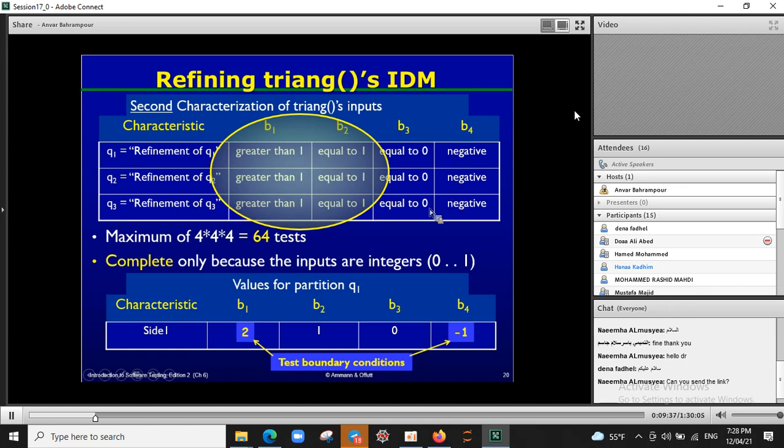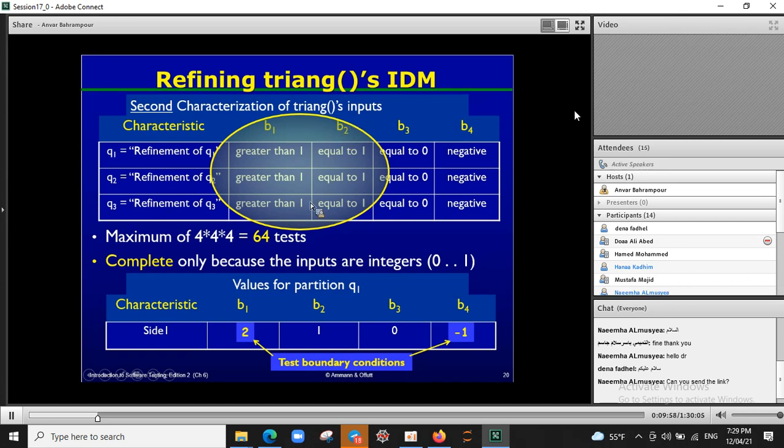So we have 16 partitions. Okay. This is just for interface-based domain partitioning.